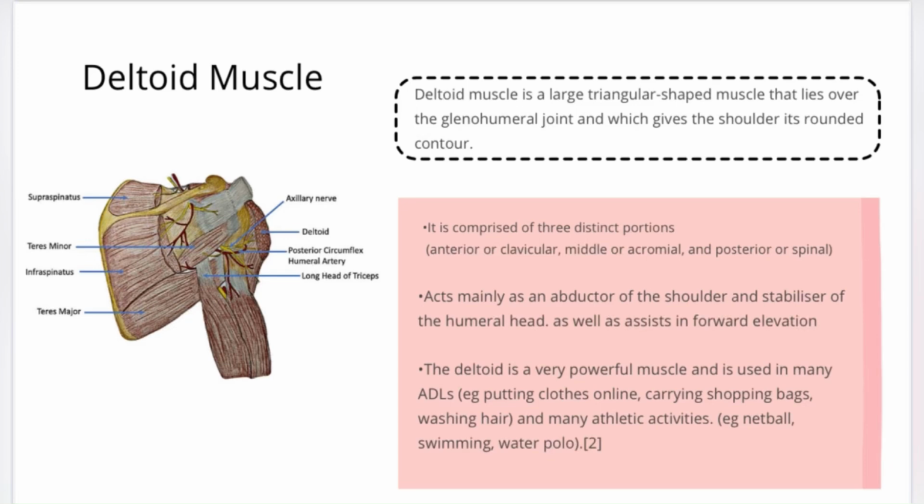The deltoid is a very powerful muscle and is used in many ADLs. ADL is an activity of daily living. For example, carrying a shopping bag, washing hair, and many athletic activities, for example, swimming and water polo.